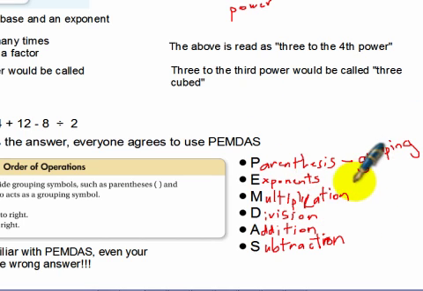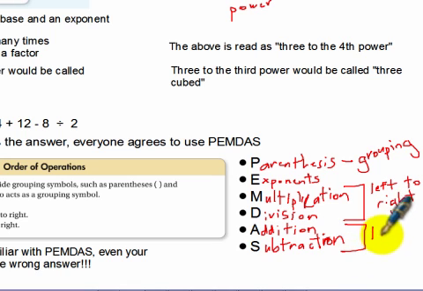But then we do exponents. Now multiplication and division, even though I wrote multiplication first, actually have equal power, and we go left to right when we do them. And addition and subtraction have equal power, and we go left to right.